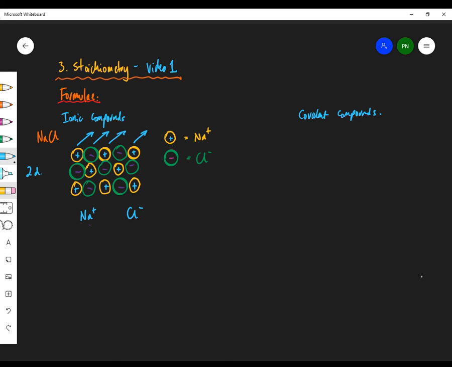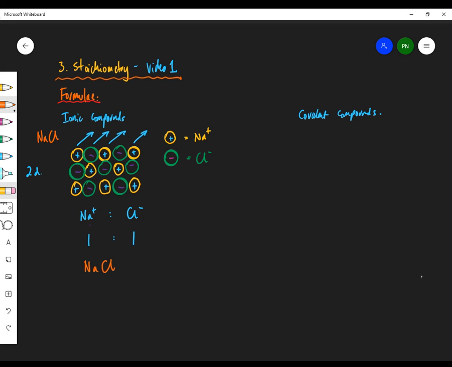Instead of quoting the number of ions, we quote the ratio of sodium ions to chloride ions. For every one sodium ion, there is one chloride ion. Therefore we write the formula as Na1Cl1. We don't put the ones in, but that's what we mean when we say NaCl.